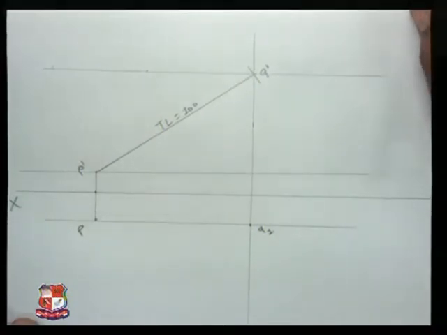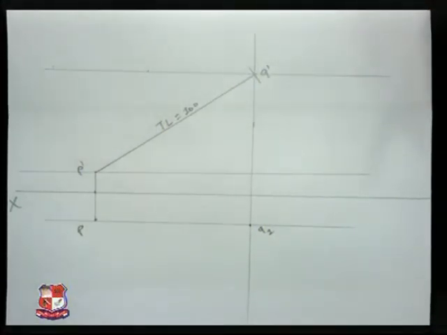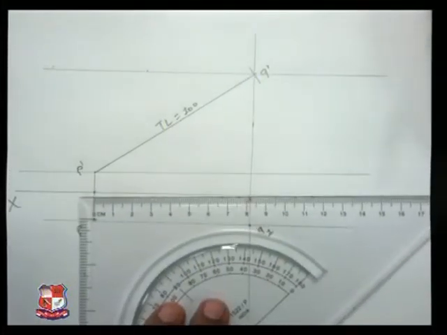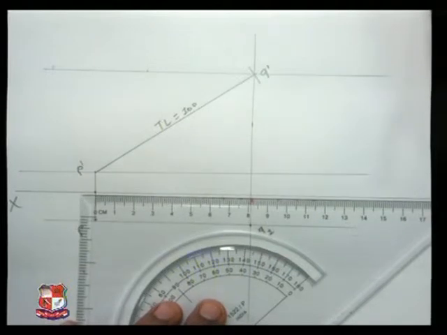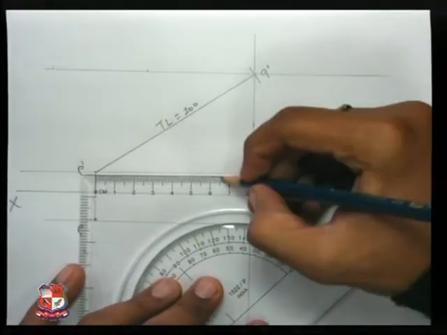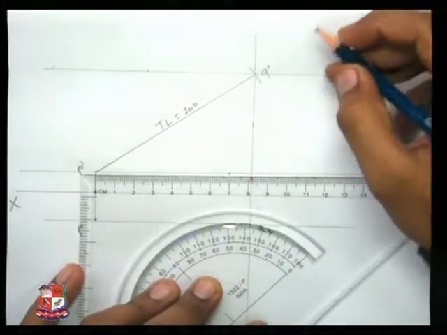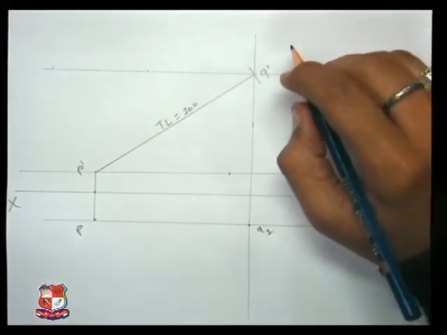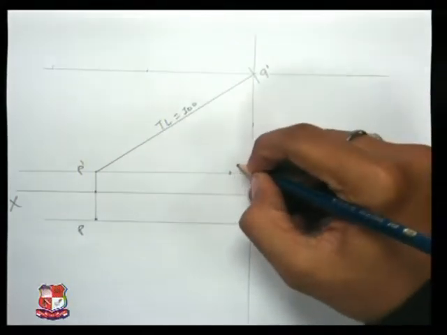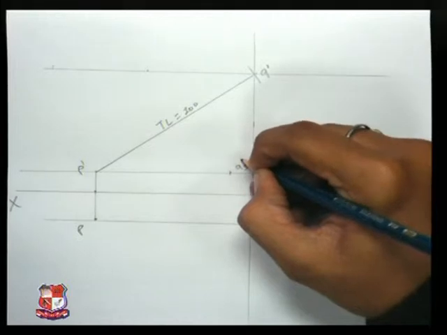Now we have been given that the elevation length is 70 mm, so we mark it as q1 dash.